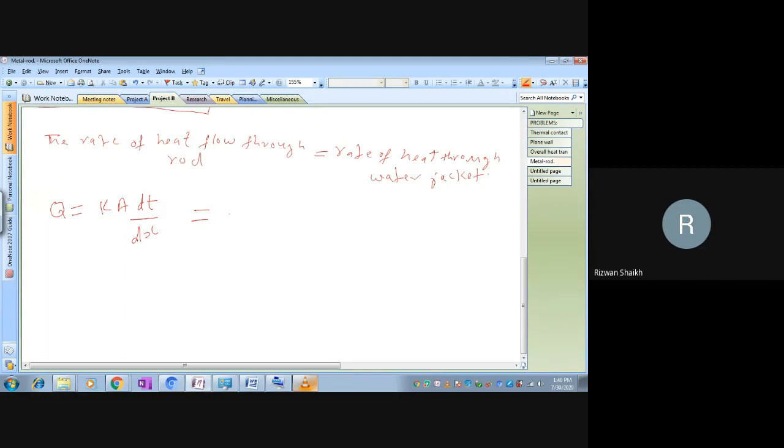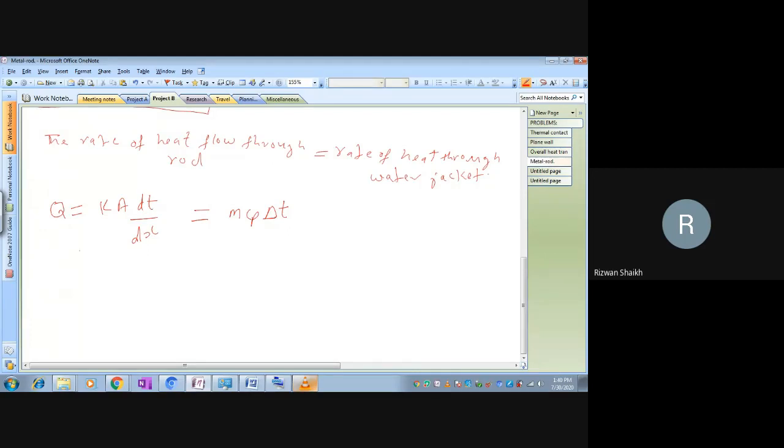Here we cannot apply h A del T because the heat transfer coefficient is not given, neither can we calculate it. So we apply the other formula, Q is equal to m Cp del T, for water. So the rate of heat flow through the rod will be equal to the rate of heat flow through the water jacket.